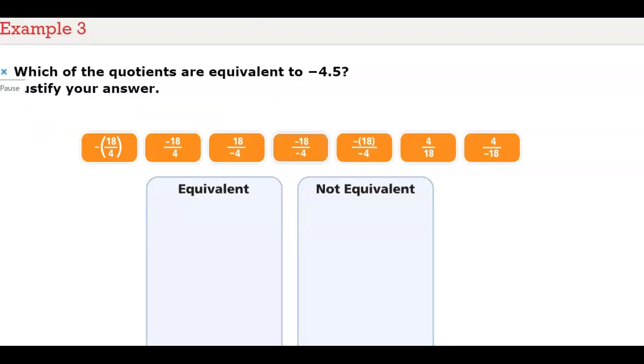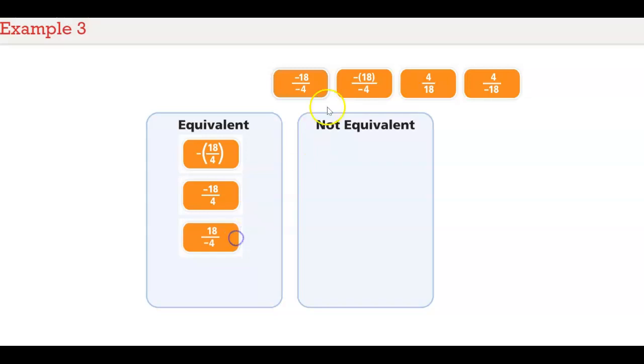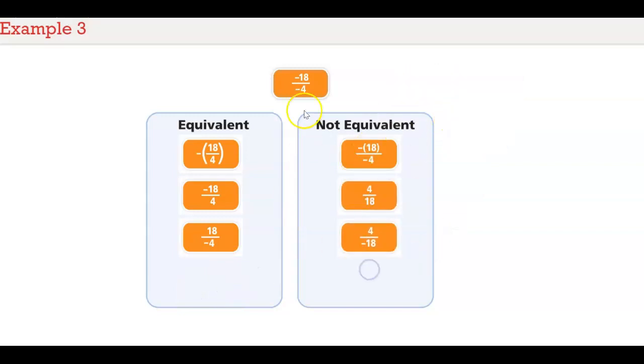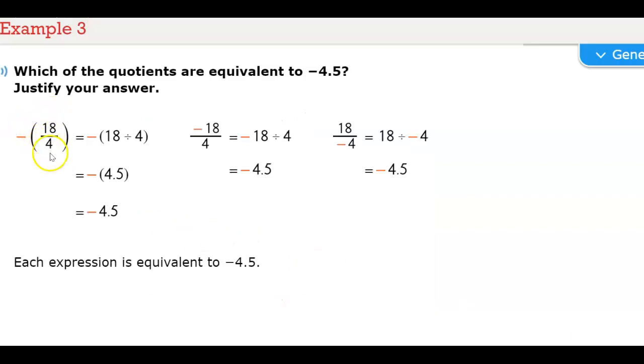Which of the quotients are equivalent to negative 4 and 5/10? Justify your answer. So negative 18 over 4 is equal to negative 18 divided by 4. 18 divided by 4 is 4.5, or 4 5/10, and that's a negative.